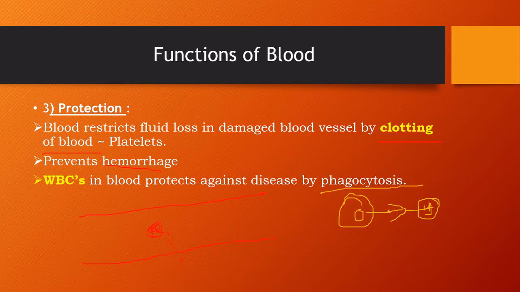Okay, this is phagocytosis. So it will be like, this is WBC, and this bacteria will be eaten or absorbed by WBC. Just try to understand. Okay, I hope you got this point. Phagocytosis means nothing but the eating or cell eating, or we can say engulfing of cell.